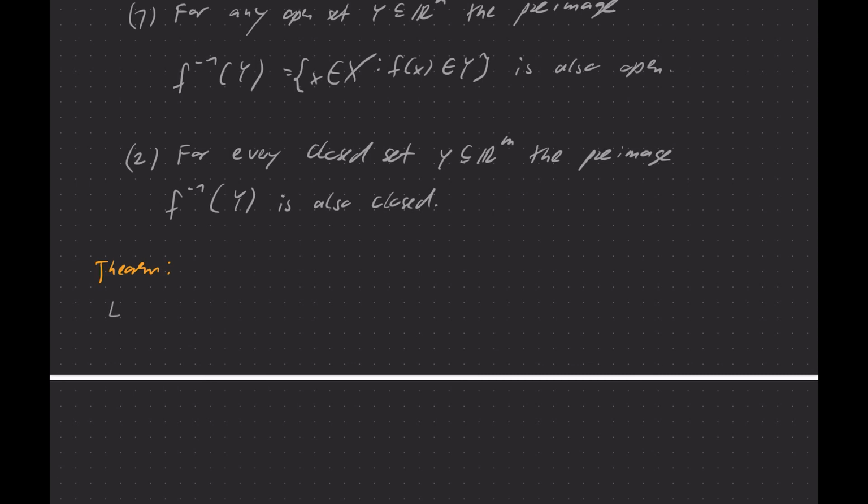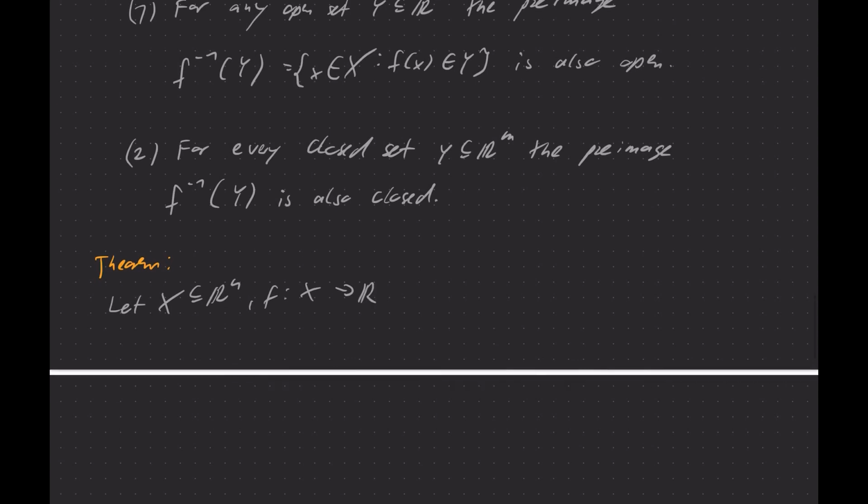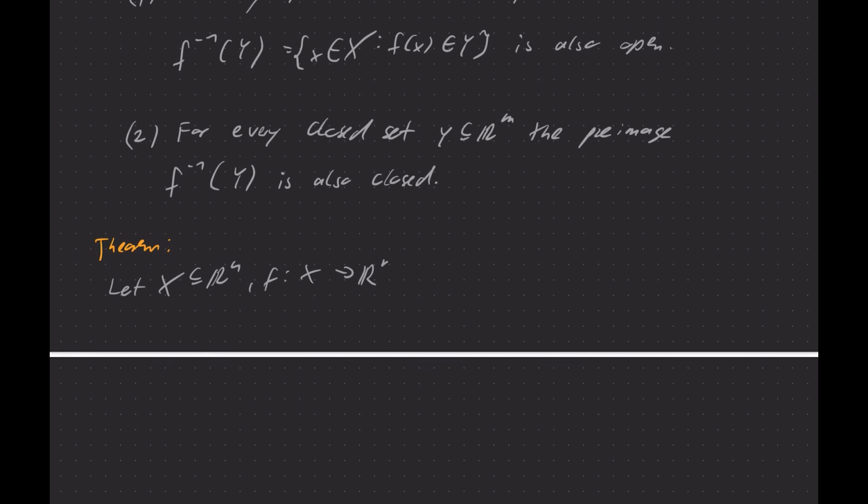So let x be in R to the n, f from x to R, and we can formulate this as R to the m even. And let this be continuous. Then the first thing that we can say is if x is compact, then the image is also compact.